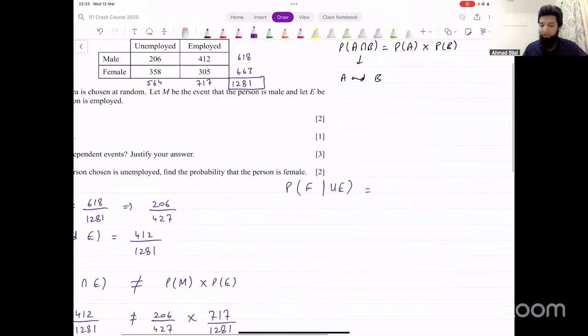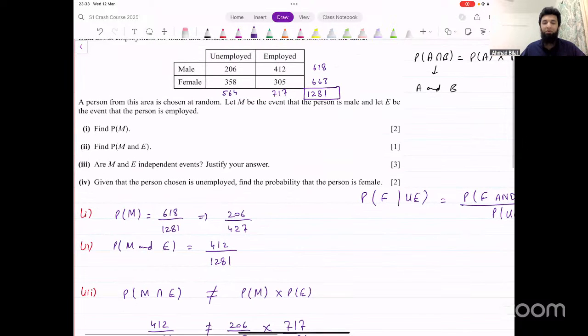What should that equal? The probability of F intersection, or you can say and, unemployed, divided by the probability of what is given, the probability of unemployed. That will give you the result.